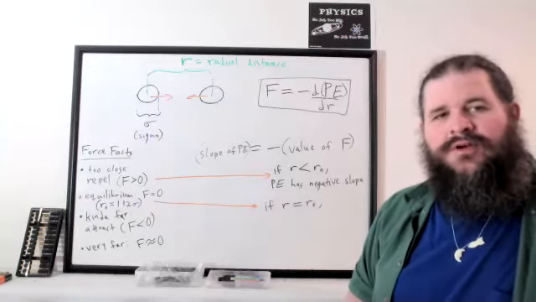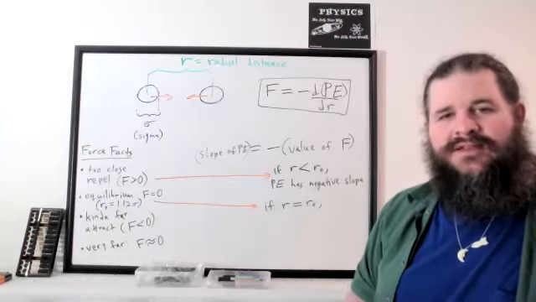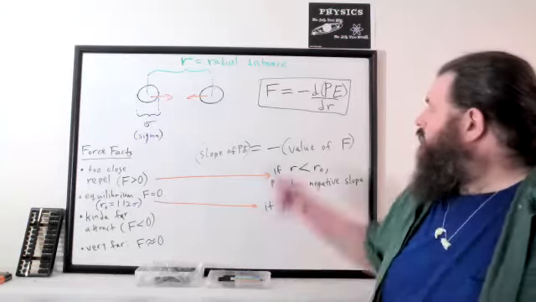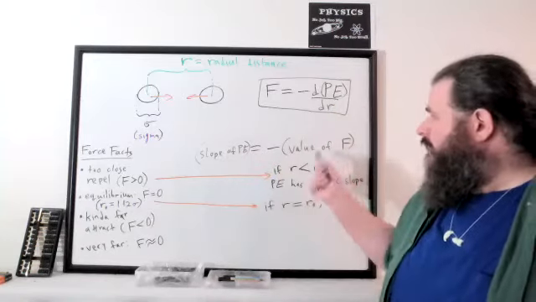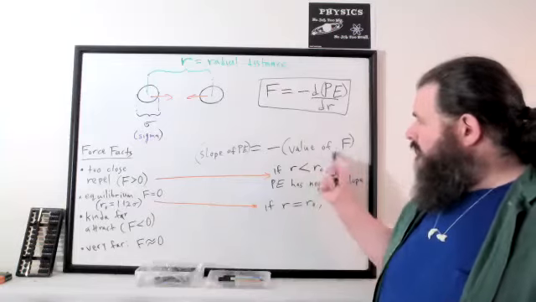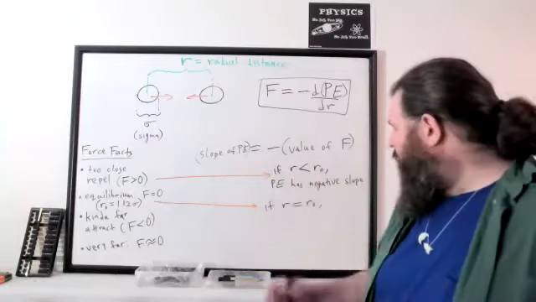If the force is zero at that point, then what does that tell you? Yeah, specifically the slope is going to be zero, because the slope of potential energy is the negative value of force. If the value of force is zero, then the slope of potential energy is zero.